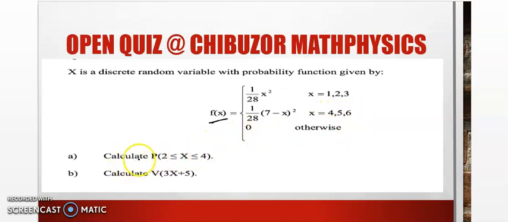We have to calculate the probability of 2 less than or equal to x less than or equal to 4, and calculate the variance of 3x plus 5. So let's see how to handle this.